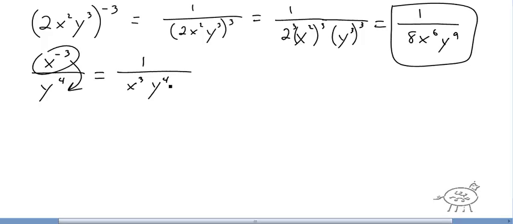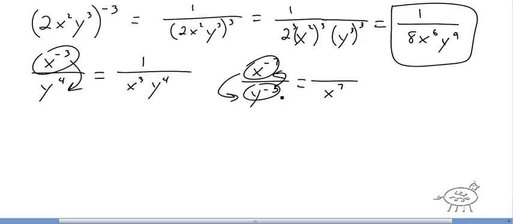Okay, so that's that example. Positive exponents, we're good to go. What about this one? X to the negative 7th over y to the negative 3rd. Well, that one goes to the top, and that one goes to the bottom. So the x to the negative 7th becomes x to the 7th and goes to the bottom. Y to the negative 3rd becomes y to the positive 3rd. And that's your answer: y to the 3rd over x to the 7th. Whatever is touching a negative exponent moves to the other side. Everything else stays where it's at.